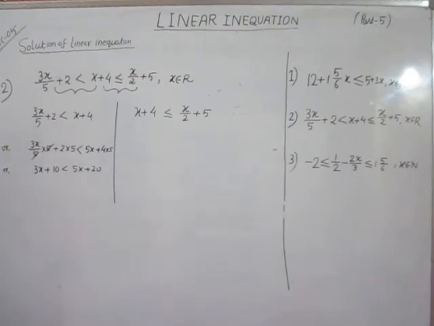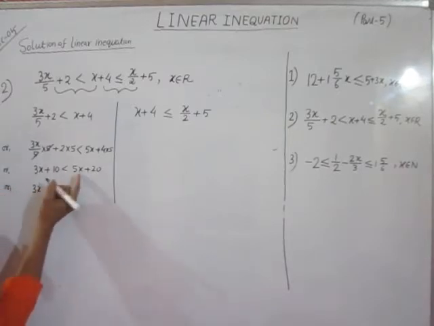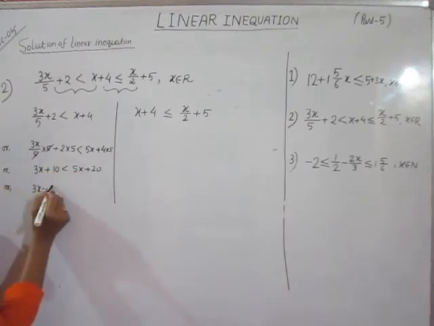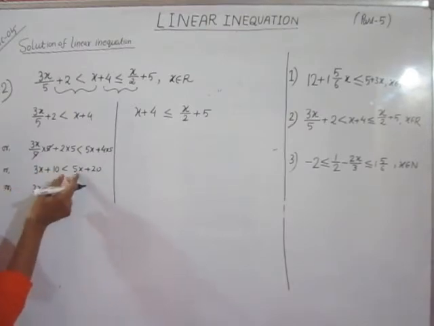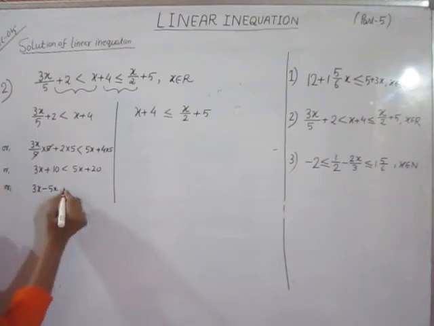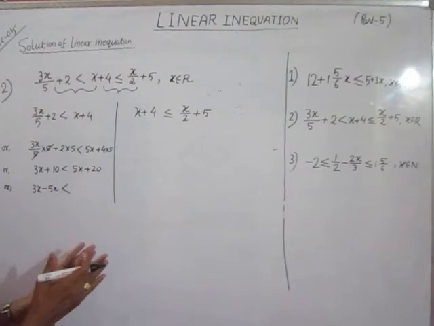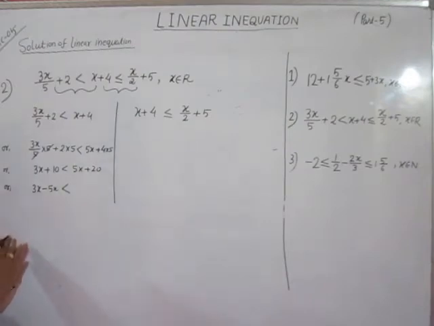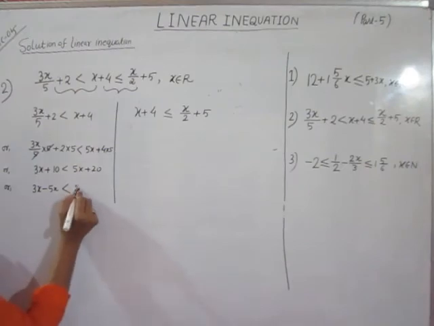Now in the second step, we have to transfer all the terms of x towards one side and the constant terms to the other side. So keep 3x here. Now shift 5x to the left side, minus 5x. When 5x is shifted to the left side it becomes minus 5x. The sign of the inequality remains the same, because on transferring a term from one side to the other there will be no change in the sign of the inequality.